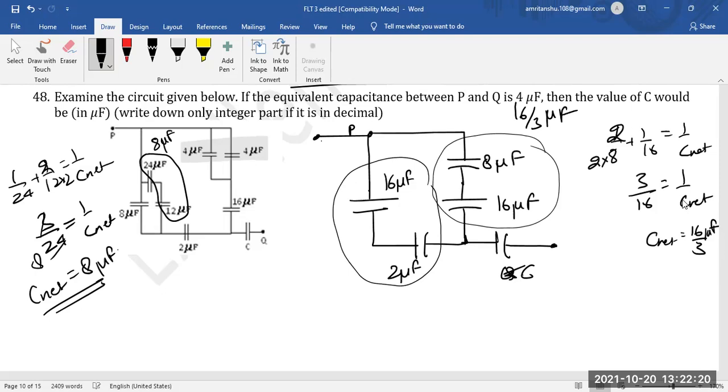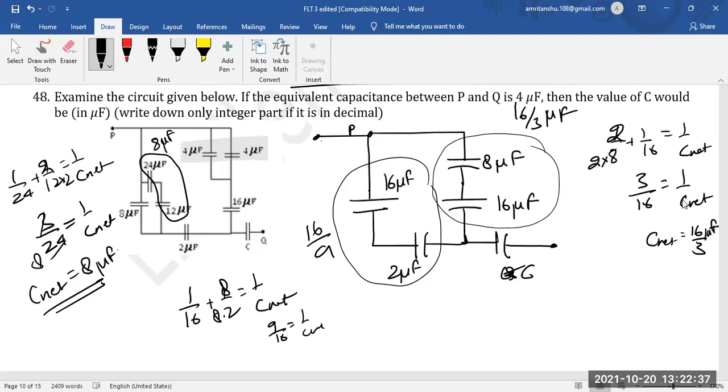And with this in series will be 1 by 16 plus 1 by 2 equals 1 by C net. This happens to be 9 by 16 equals 1 by C net. So 16 by 9. Correct? 16 by 9.